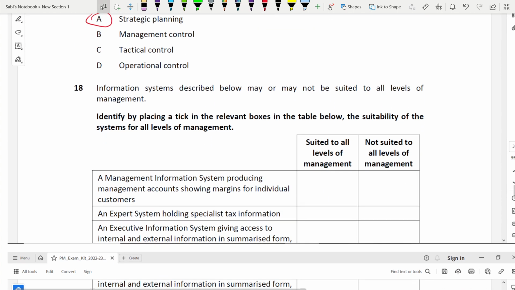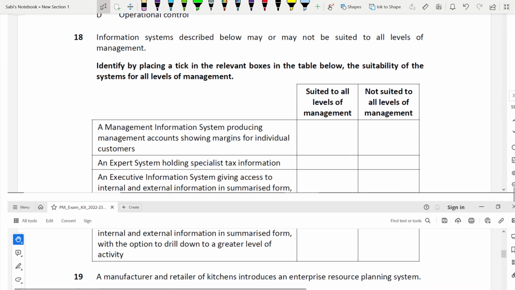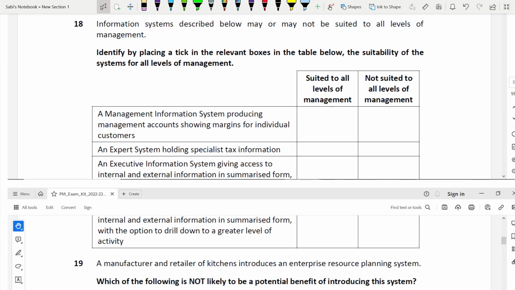18. Some of these are suitable to all levels of management, some are not. Out of the three, you have to identify which is suitable to all levels. First one, a management information system producing management accounts showing margins for individual customers. It is suitable to all levels of management, so you place a tick in the right box.